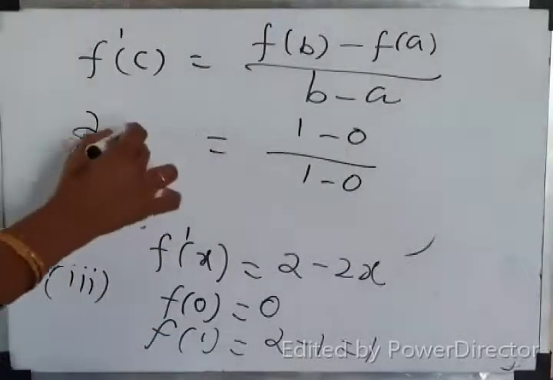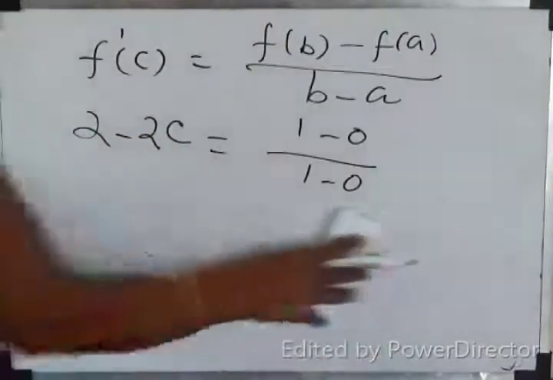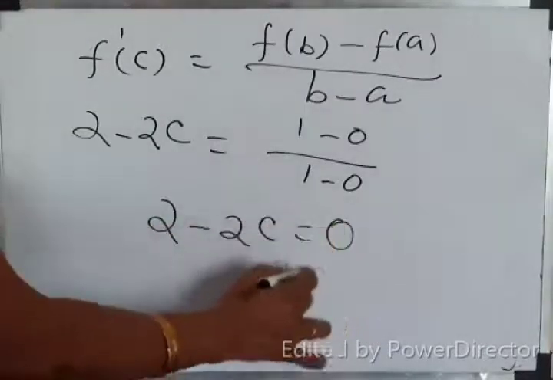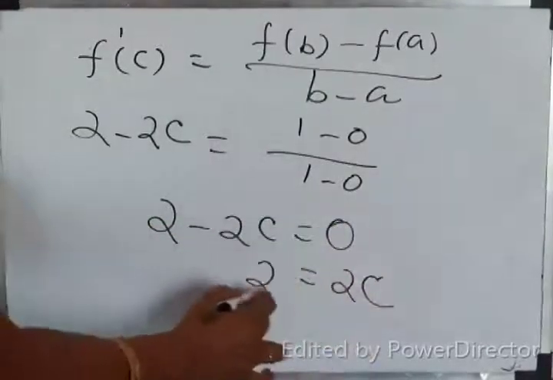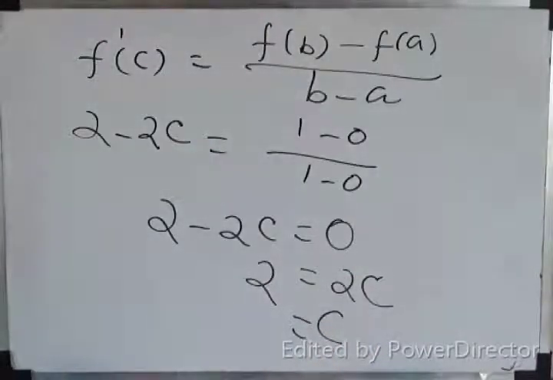2 minus 2c, that is, we did it already. 2 minus 2c equal to 0. Therefore 2c equal to 2. Therefore c equal to... Correct?